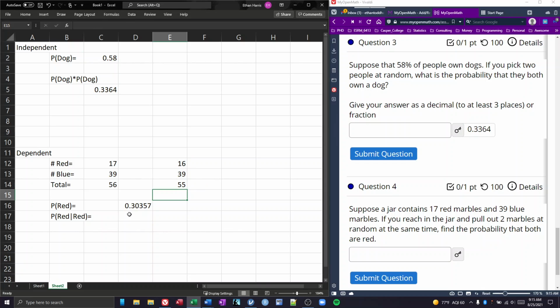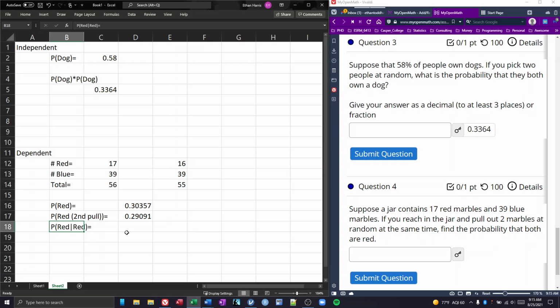And now we're at 55. Now the probability of red on the second pull is equal to 16 divided by 55. We hit equals, and we're given this 29%.